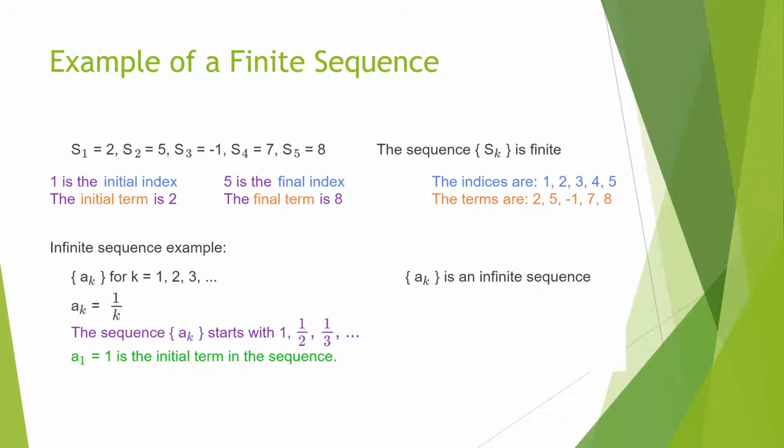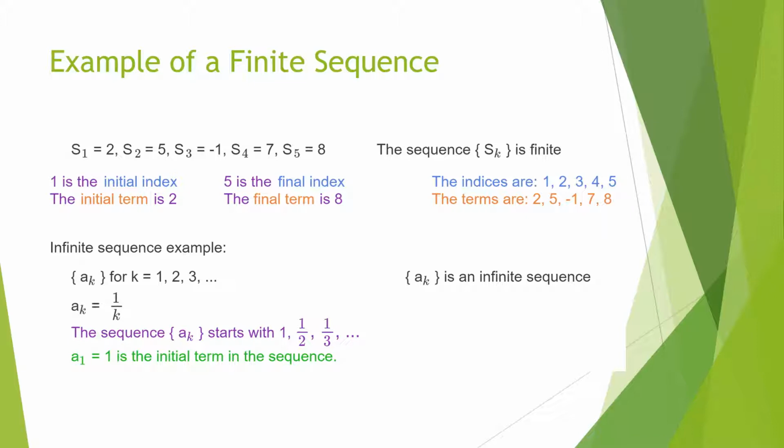But a more common way of representing a sequence is to represent every term by adding an index to the symbol of that sequence, which is S. So S1 is the term that 1 is mapped to. S2 is the term that 2 is mapped to by S. S3 is the term that 3 is mapped to by S.